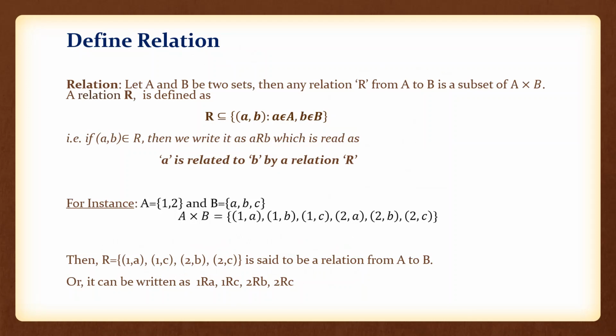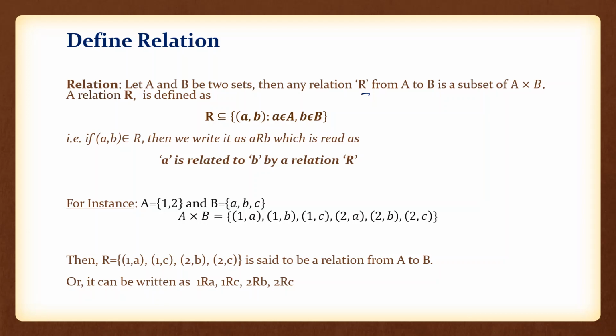Relation. So relation mathematically can be described as follows. We have to study how to link pairs of objects from two sets and then introduce relations between them. So in order to define any relation, we need some definition. So what is the definition in maths? See, let A and B be two sets, then any relation R, normally a letter used for relation, from A to B. It's very important from where to where the relation is.